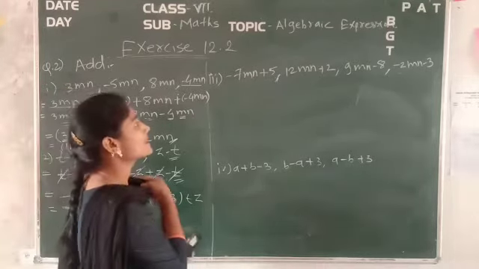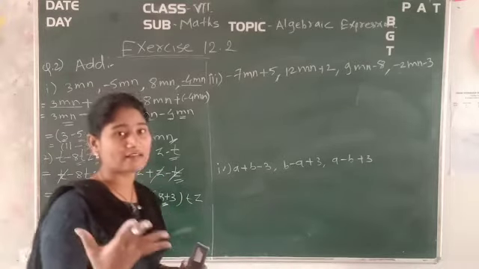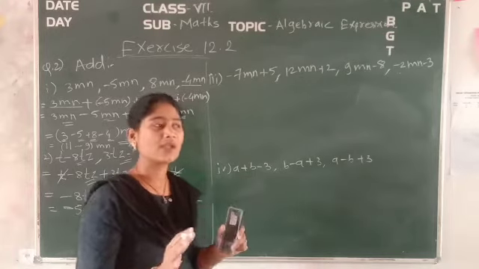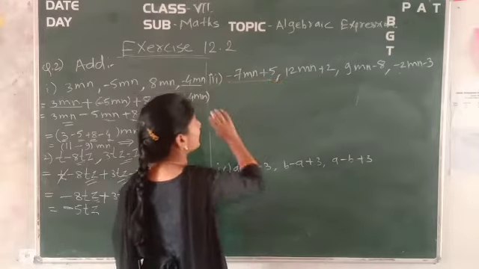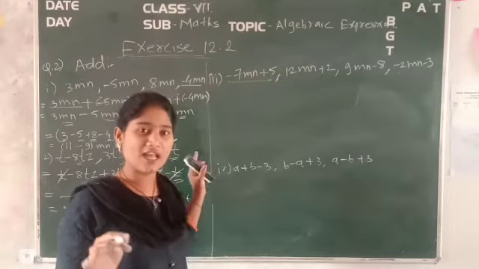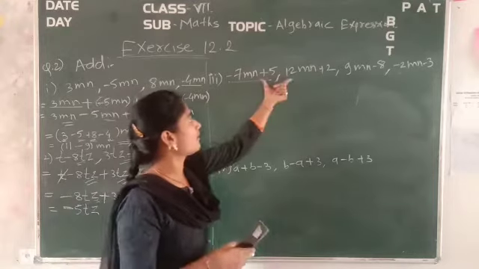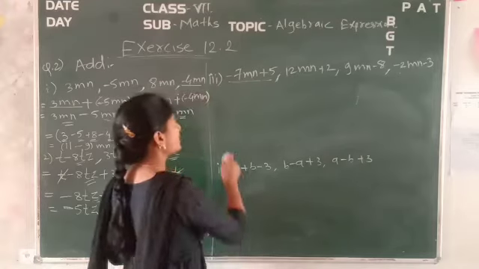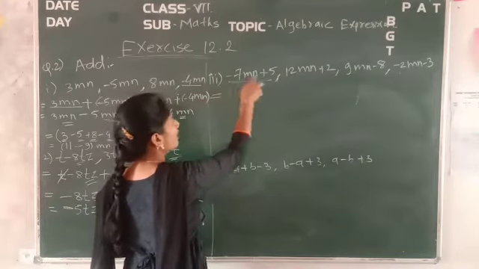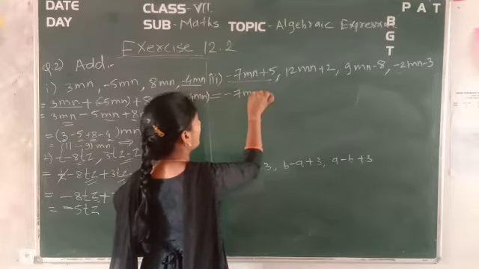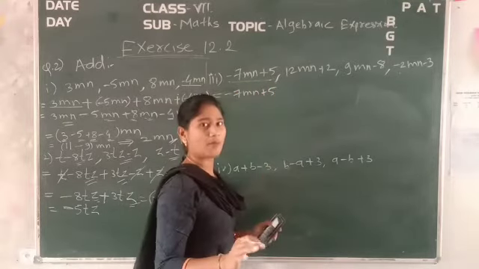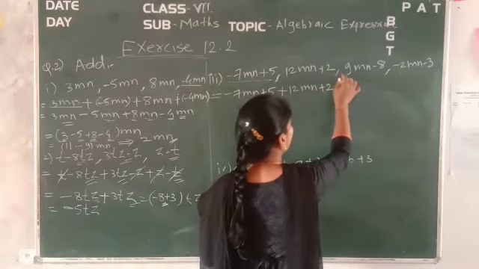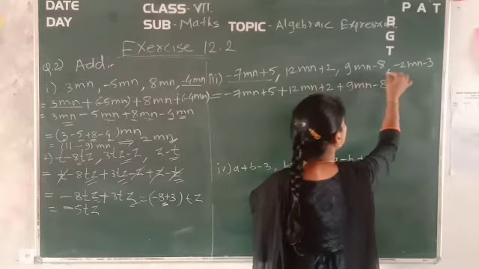That is minus 7Mn. Here you have 4 terms, and you have to take those 4 terms closer to each other. Keep the sign of addition, because we are doing addition here. So first of all, minus 7Mn, plus 5, in place of that comma we put the plus sign, plus 12Mn plus 2 plus 9Mn minus 8 plus.